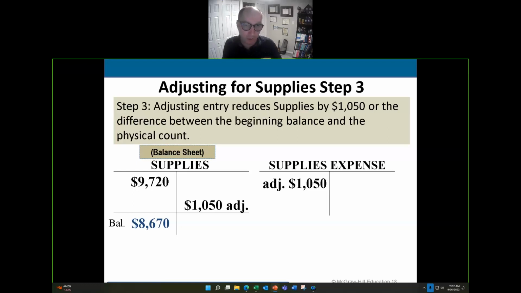And so we would debit supplies expense, $1,050, at the time that we did the physical count. And we credit supplies, $1,050. The remaining balance on the balance sheet for supplies would be $8,670. We take the beginning balance minus the ending balance to get the current total balance.